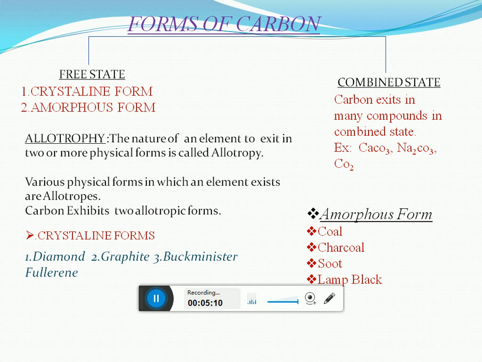The various physical forms of the element are known as allotropes. Carbon mainly exhibits two types of allotropic forms. One is the crystalline form, the second one is the amorphous form.